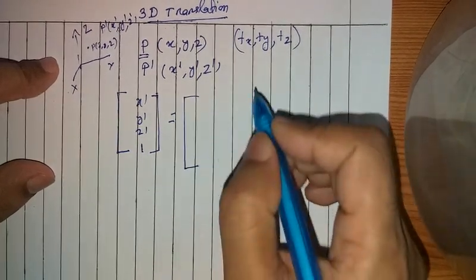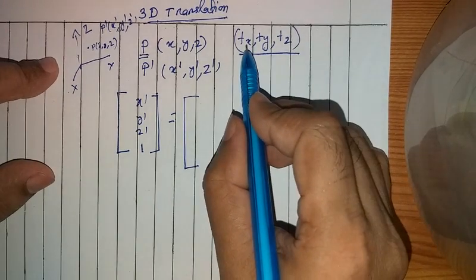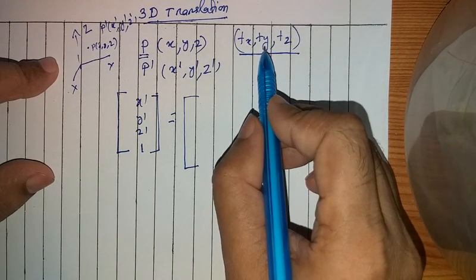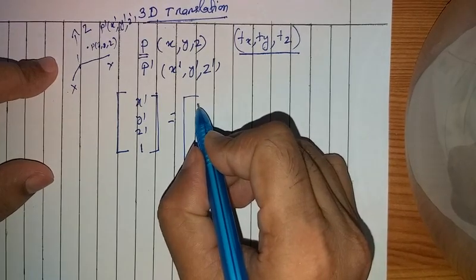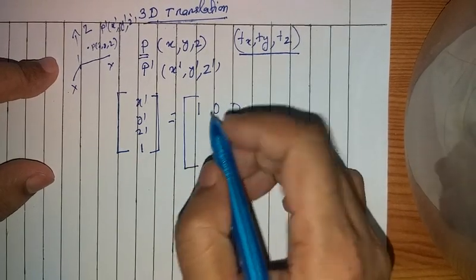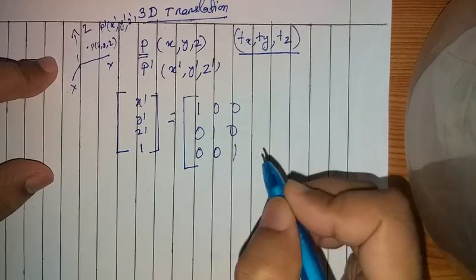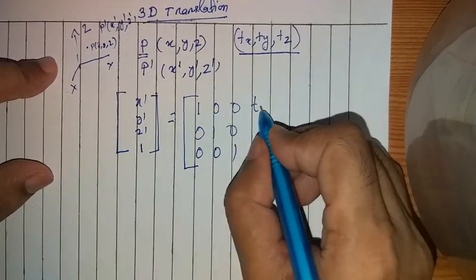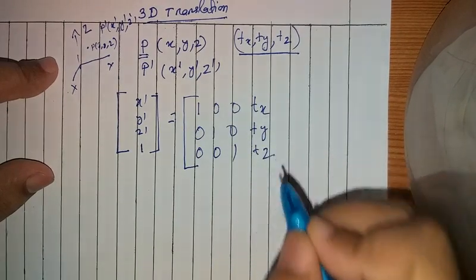So the shifting distance will be tx in the x direction, ty in the y direction, and tz in the z direction. So the matrix is 1 0 0, 0 1 0, 0 0 1, and this is the shifting operation tx, ty, tz.